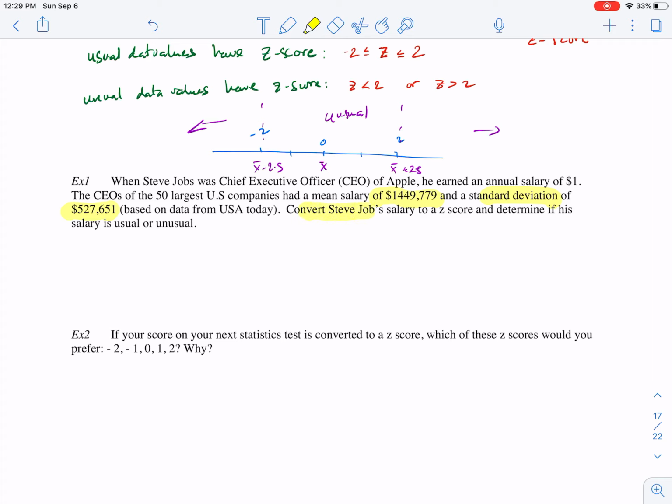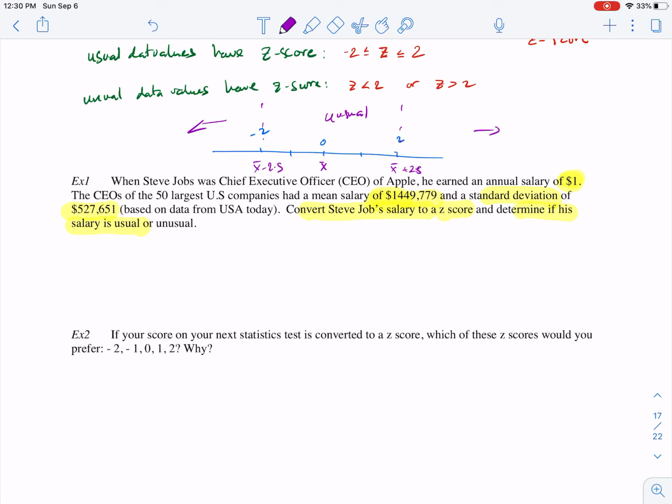We want to convert Steve Jobs' salary to a Z-score and determine if it is unusual or usual. This is actually true. At one point he was earning an annual salary of $1, and compared to the rest of the top 50 largest U.S. companies, their CEOs' mean salary is quite up there.